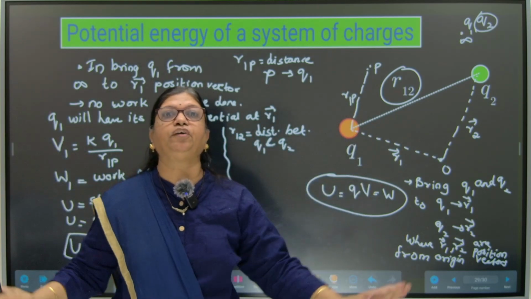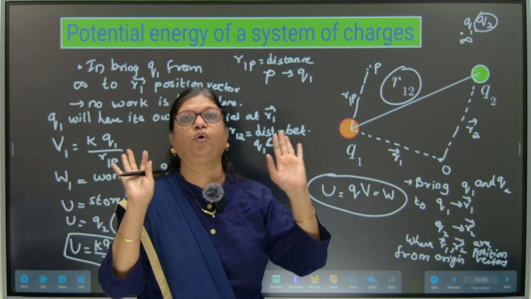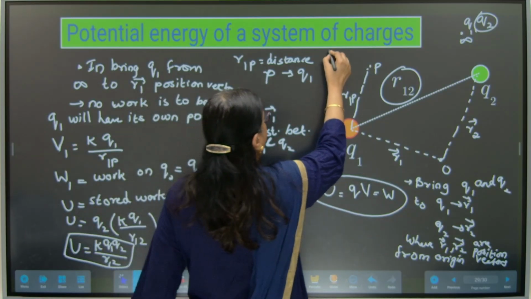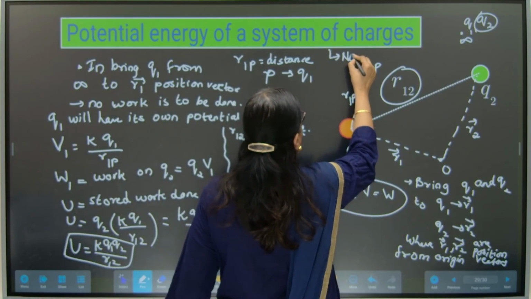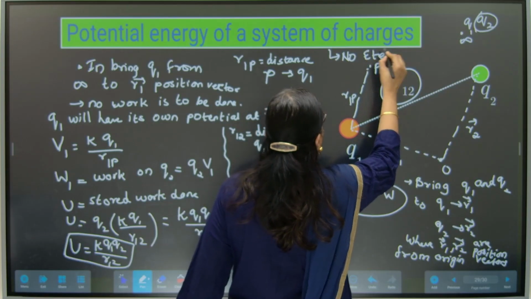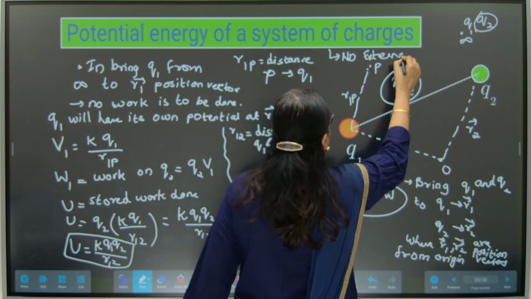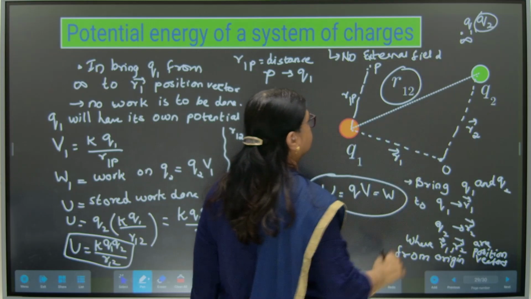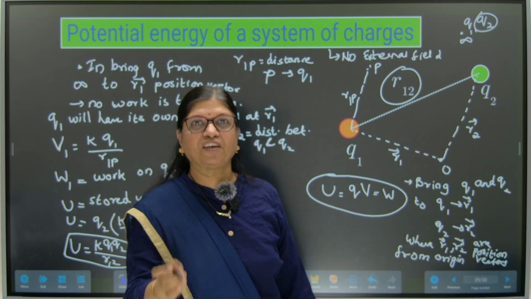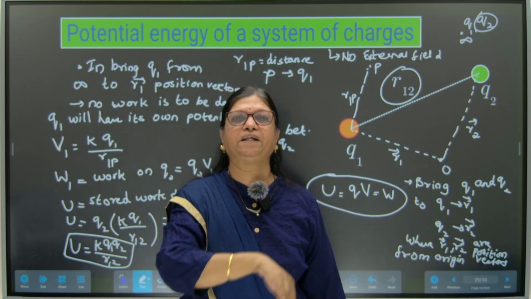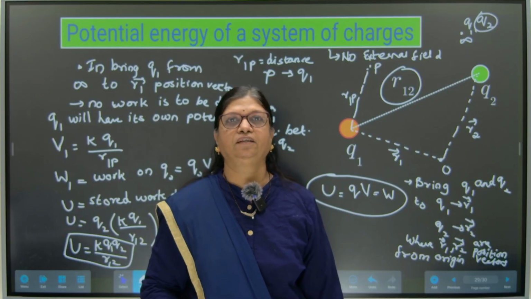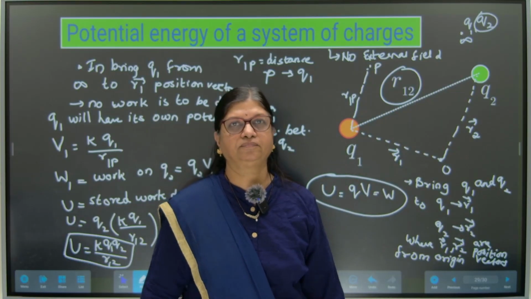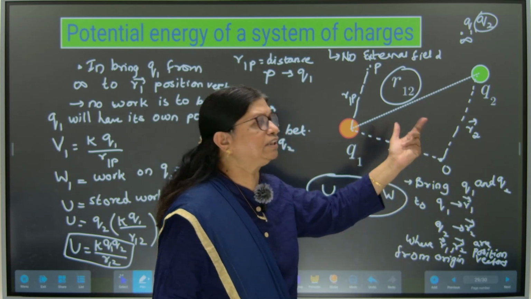In an external field also, but now I am bringing without any external field. There is no external field by any other configuration. In the next topic, we will bring charges in the presence of an external field also. That time while bringing Q1, we will have to do work. Now nothing was there, it was empty space.